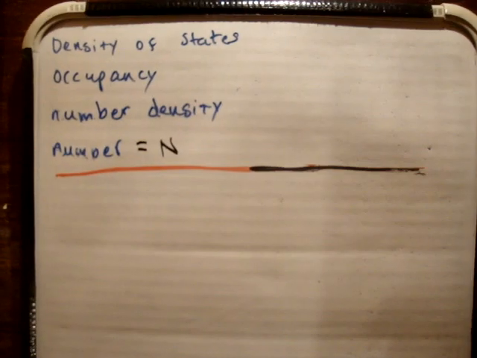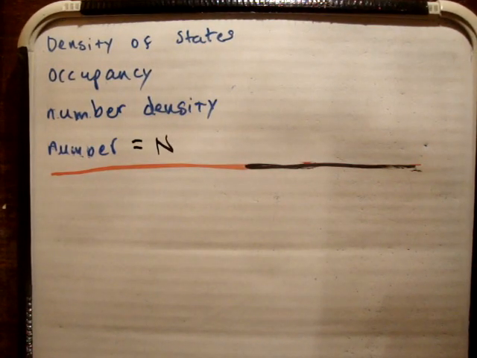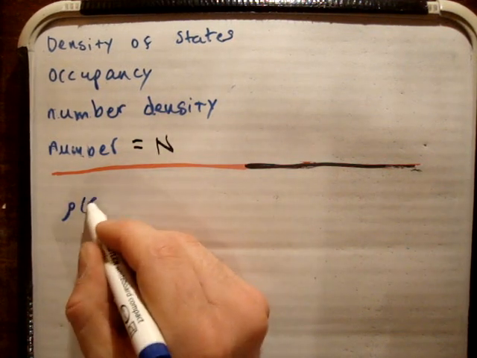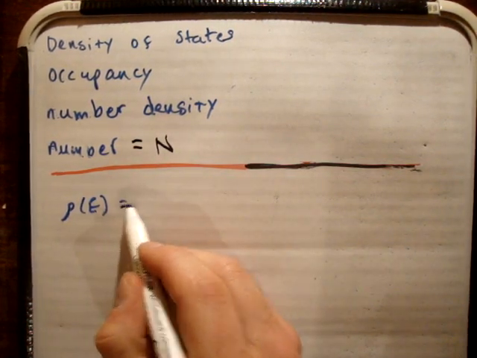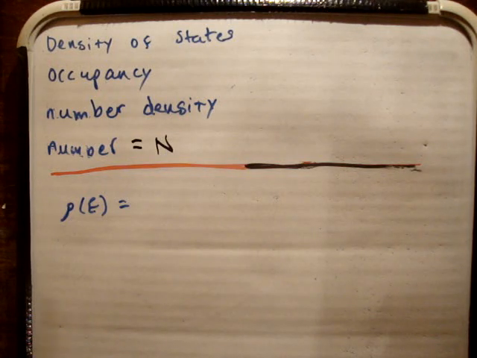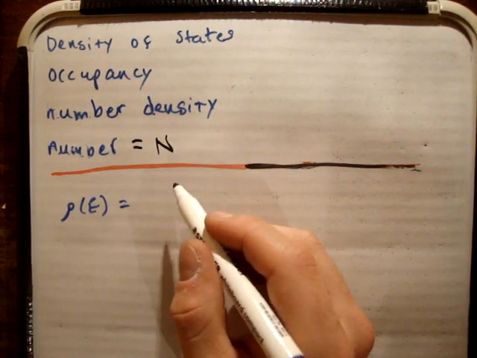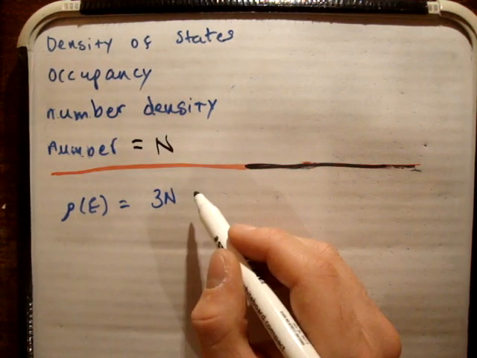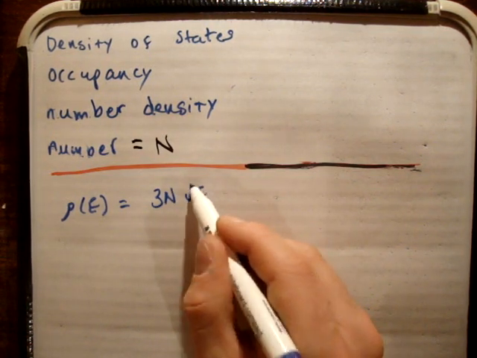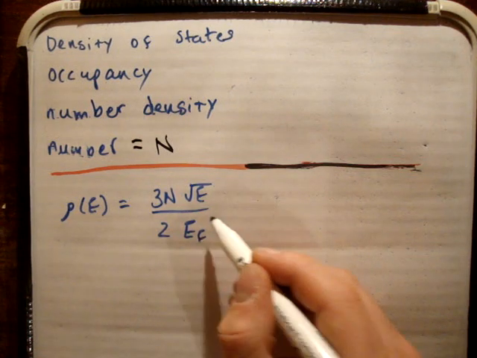If you're talking about electrons in metals, and electrons that are not under the influence of a potential, you might have the following density: rho of E equals 3n times root E over twice E Fermi to the 3 over 2.